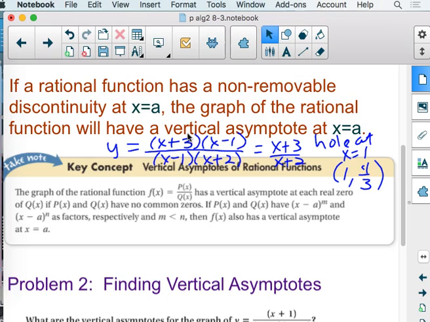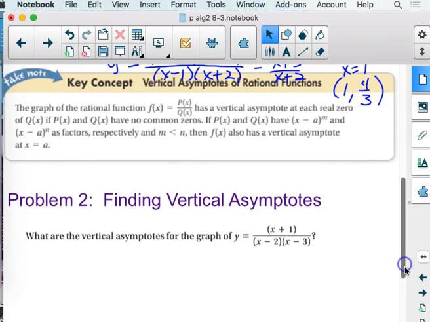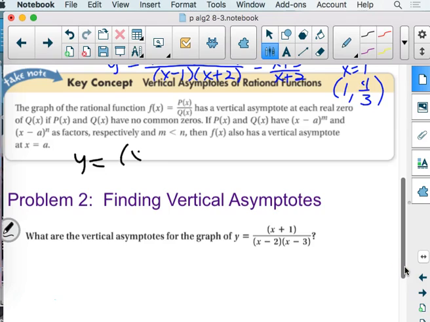So now it also says if m is less than n, then f of x also has a vertical asymptote at x equals a. What are they talking about? Well, they're saying, what if? Big what if, by the way. You get that?